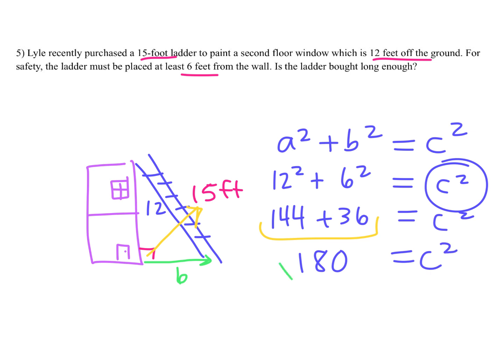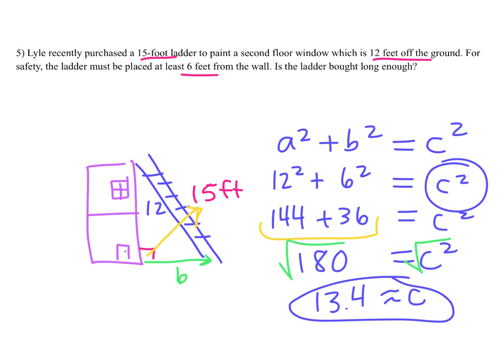And then that final step, if I take the square root of 180 is 13.4 for C. So what that is saying is we need at least a ladder that's 13.4 feet. And we have a ladder that's 15 foot. So is the ladder long enough to reach that window, or would it fall short?